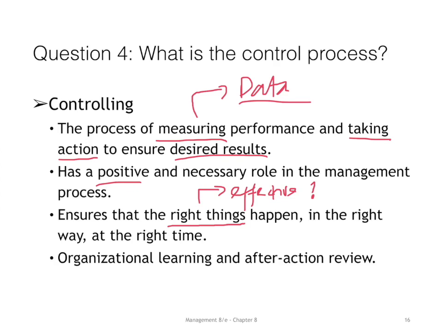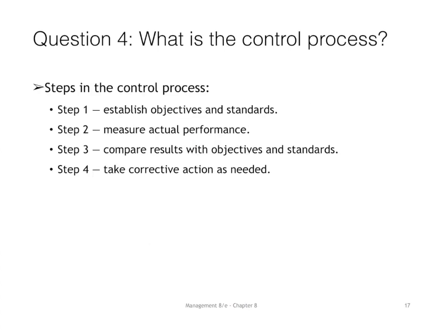Okay, that's your opinion. Organization learning and after action review. We have to review. That is controlling. Measuring, then ensure that the right thing happens the right way at the right time, and then action review.